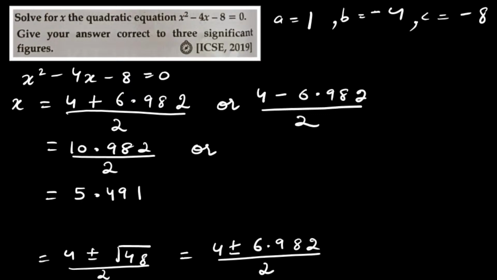Check the value of square root 48. I want more students to respond. Every one of you have to check the values. What is the value of square root of 48? 928 or is it 982?